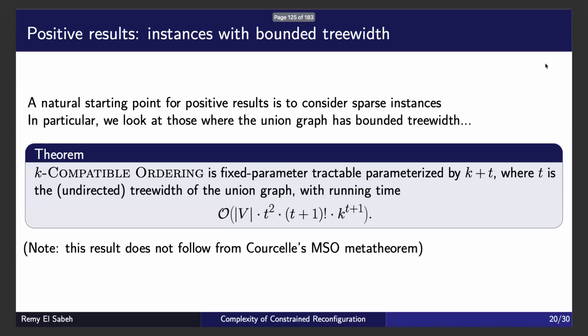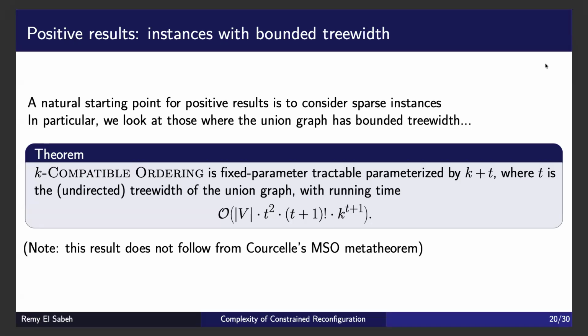At this point, it's worth mentioning that this algorithm is constructive, so it's not a consequence of Courcelle's monadic second-order logic meta theorem. In case you're not familiar, that's an easy thing to state. What this meta theorem says is if you're looking at a graph property that's expressible in monadic second-order logic, then if you have bounded treewidth, you have a linear time decider for it.